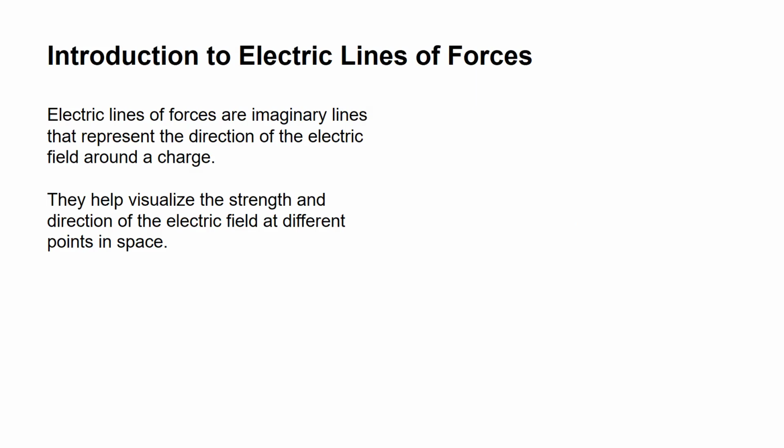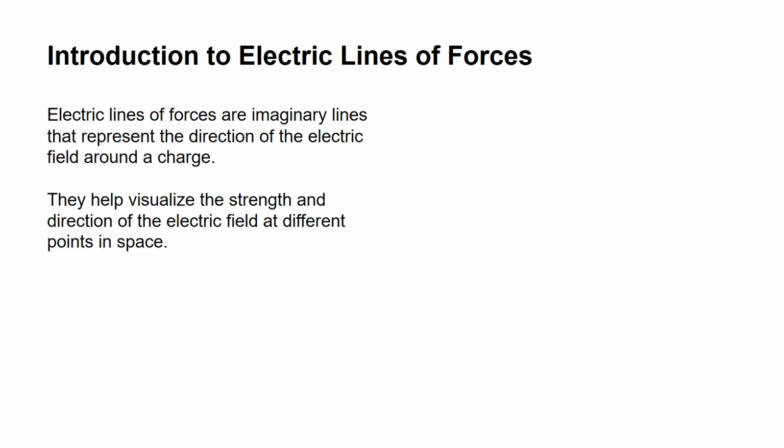Very important, ladies and gentlemen, you should understand electrical lines of forces, because electric field intensity is a vector quantity. So you can use electrical lines of forces to measure both the magnitude and the direction of the electric field.